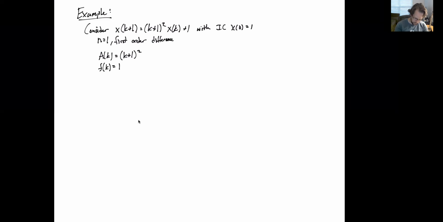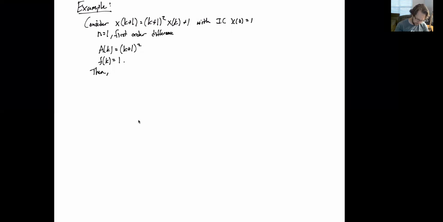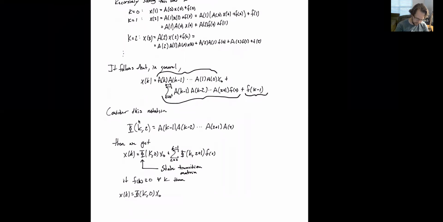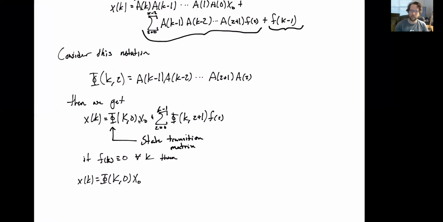Then our state transition matrix, which I defined on the last page, is equal to this guy. It's just the product of the state matrix at each time step between k and tau.